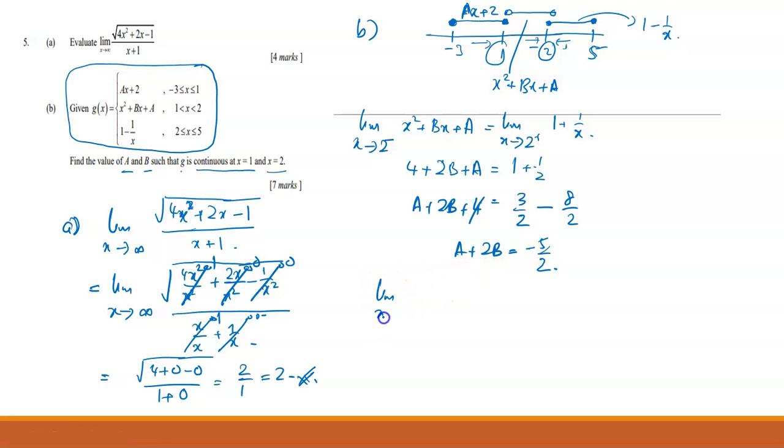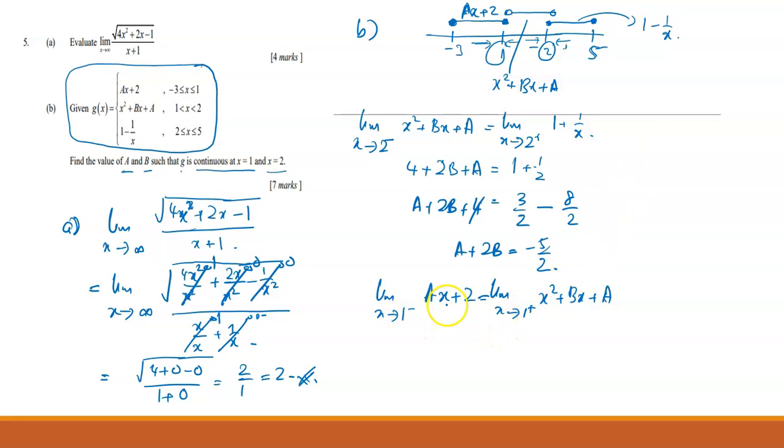And the limit of x approaching 1 from left and right. Okay, x approaching 1 from the left is the function ax plus 2, equal to the limit of x approaching 1 from the right, and this one here is for x squared plus bx plus a.